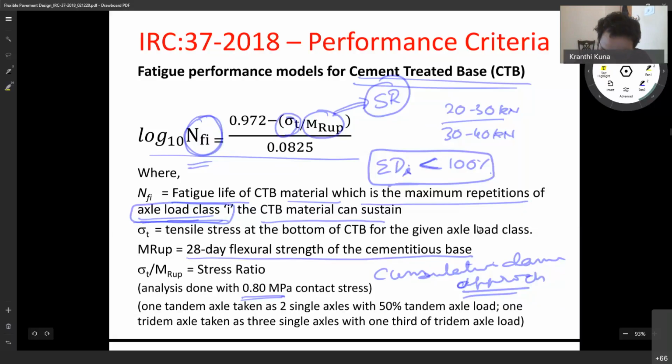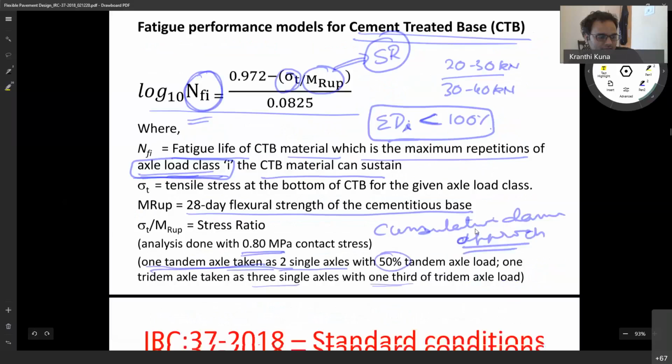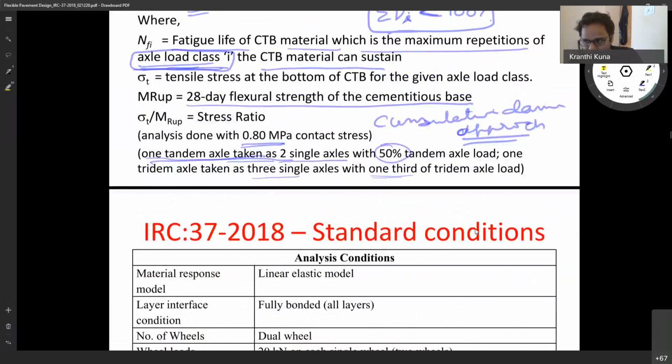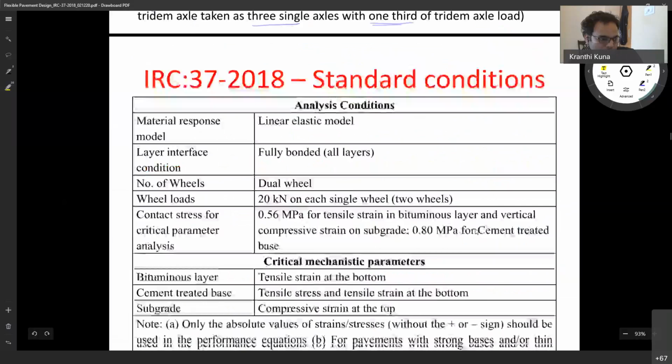Also, if we have a tandem axle, we consider it as 2 axles and run for 1 axle and take 50% of that load. And if it is a tridem, we consider a single axle with 1/3 of the traffic. I will discuss with an example tomorrow.